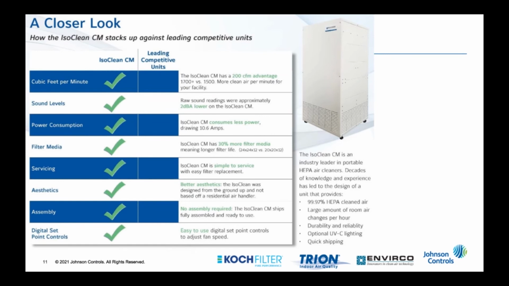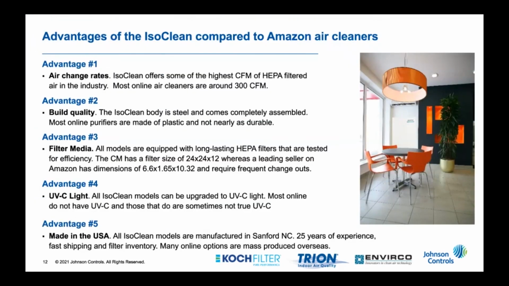So we can jump to the next slide, which is essentially the last slide. We've got one more at the end, but this is just highlighting the 5 big advantages of the IsoClean over what I tend to call Amazon units. In today's climate in air filtration, a lot of companies have popped up selling low CFM units.